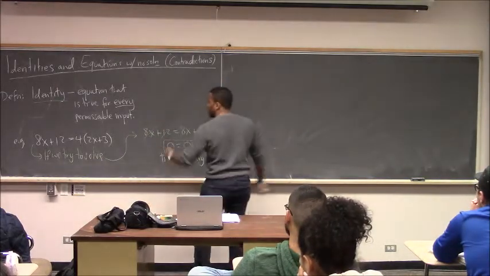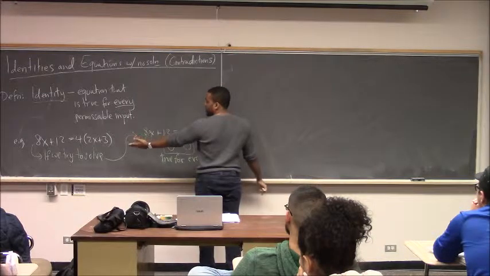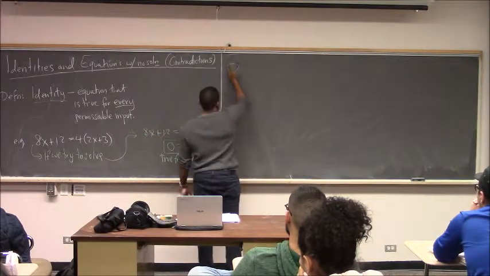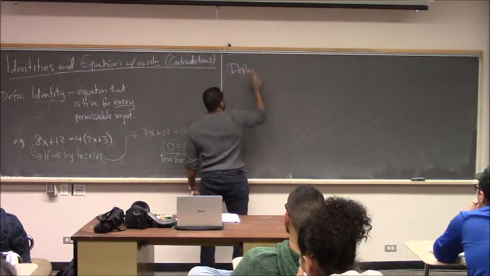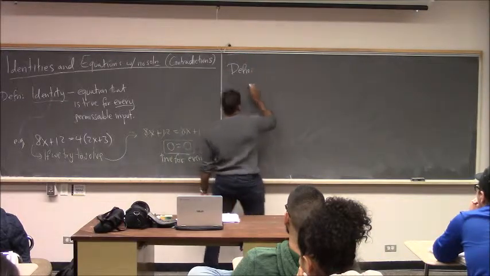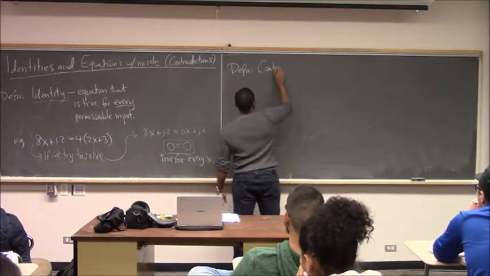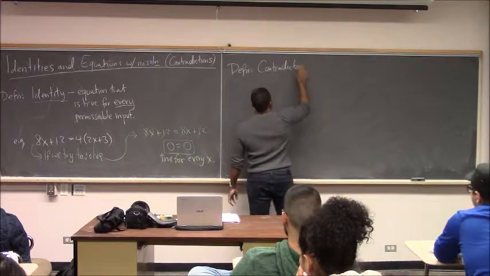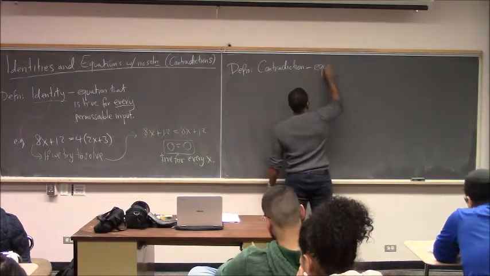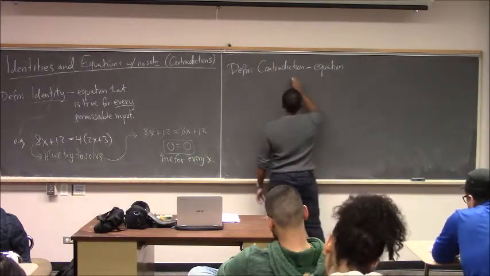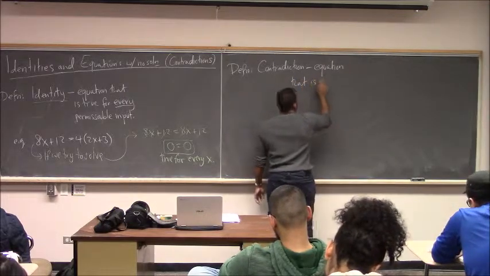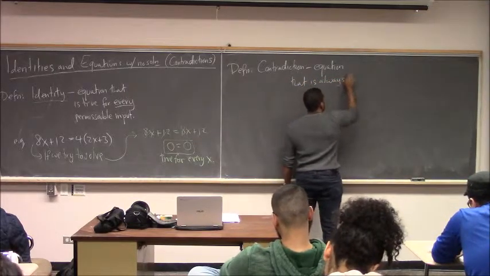Conversely, an identity is something that's always true for every x value. You can have the opposite effect, something that's never true for any x values. So a contradiction. It's an equation that is always false.